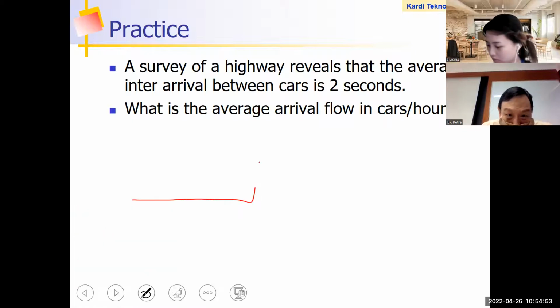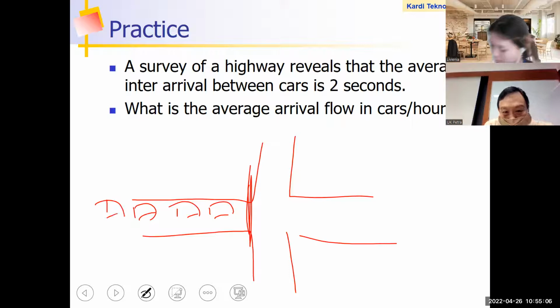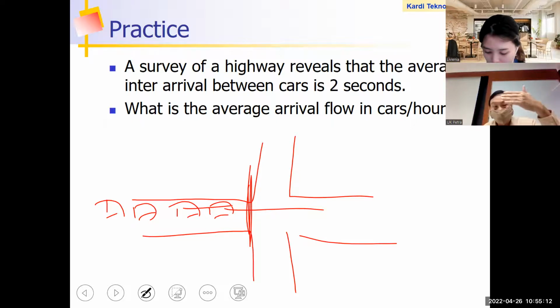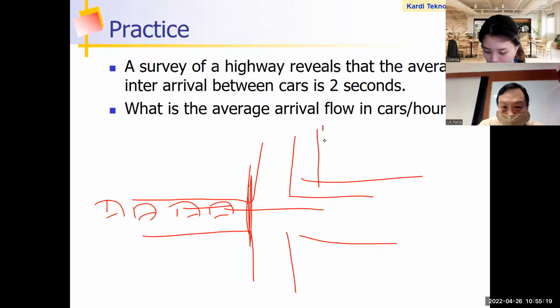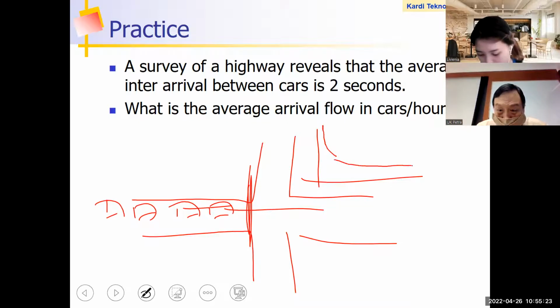This is supposed to be your intersection, and you are observing here. In the beginning you have a long queue, right? After they pass, later on it becomes stable. The headway in the beginning is like this and then going down. It will become stable like this.